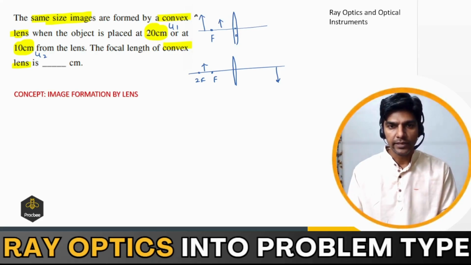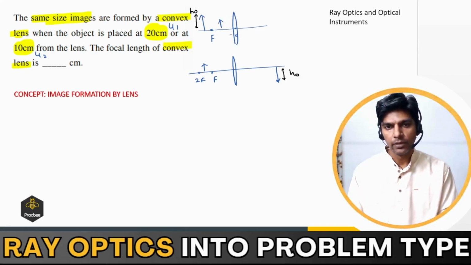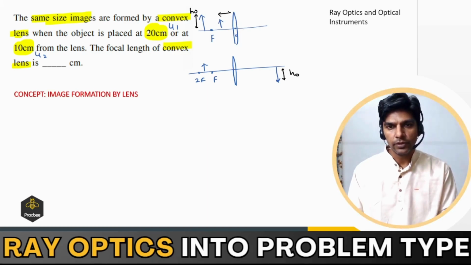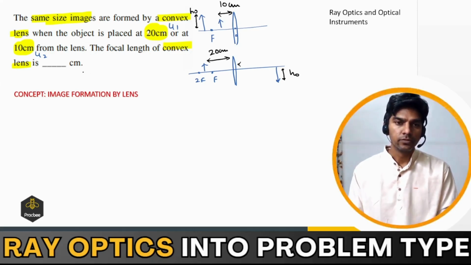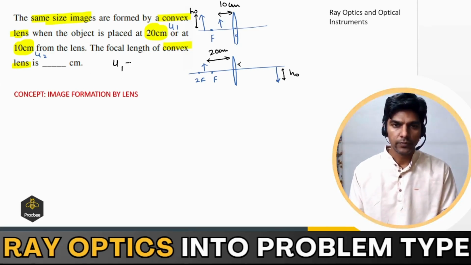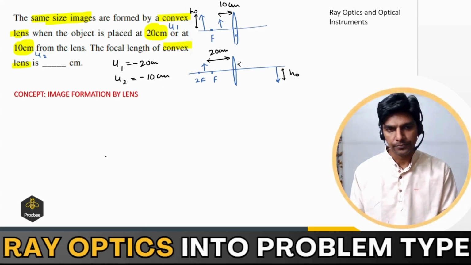So if this height is h naught, this is also h naught. And this distance will be nothing but 10 centimeter, and this distance will be 20 centimeter. So u1 will be minus 20 and u2 will be minus 10 centimeter.